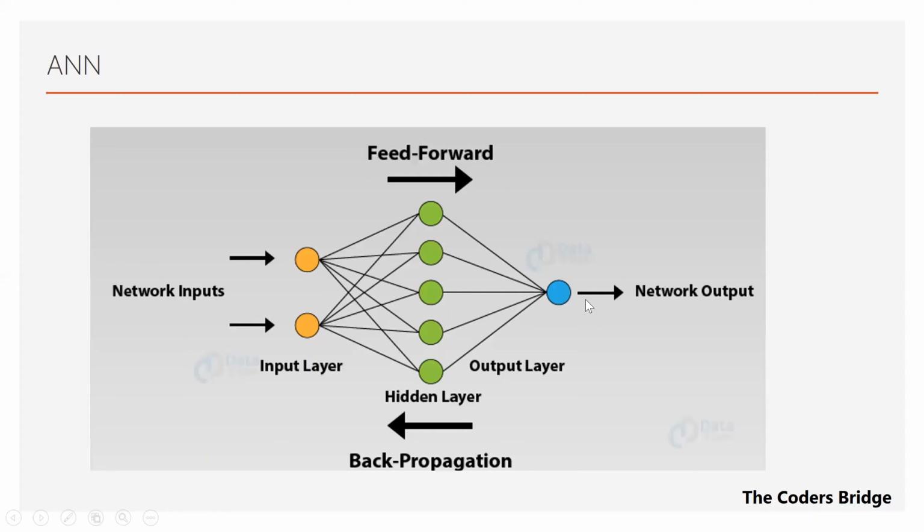At the end, we will also be using some activation functions to get the output. We have many techniques to get the output, so we'll be seeing that completely in a separate video of artificial neural network, the maths intuition behind that. Okay.